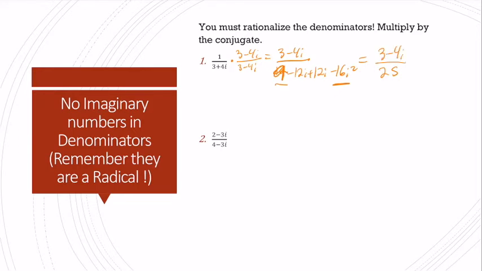For our second one, we're going to multiply by 4 plus 3i. I'm going to do my numerator first.